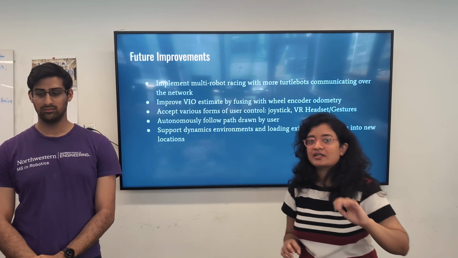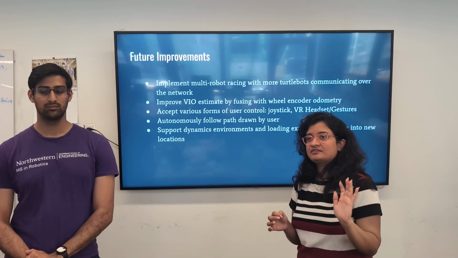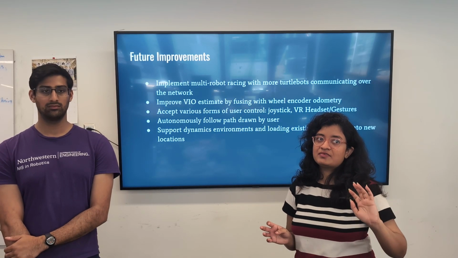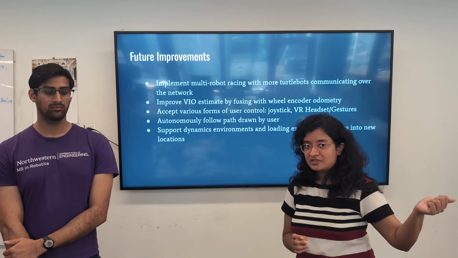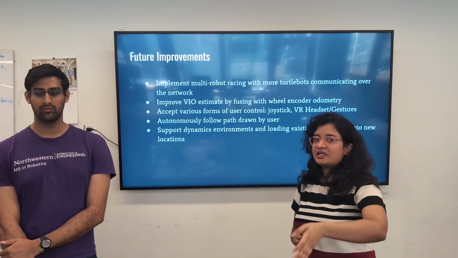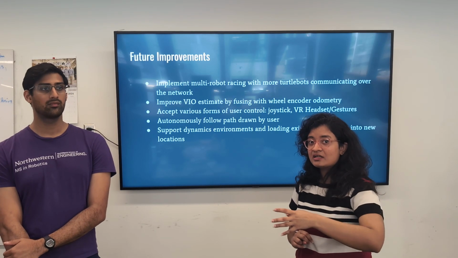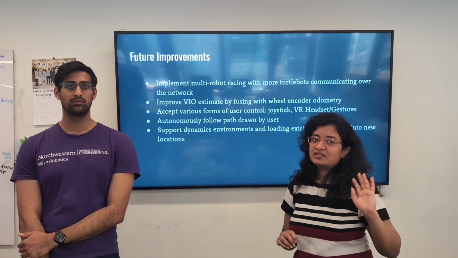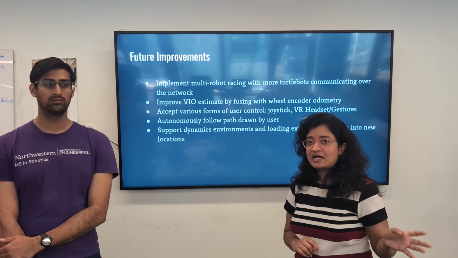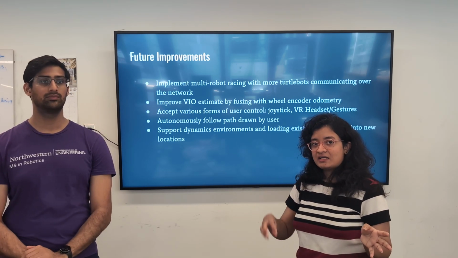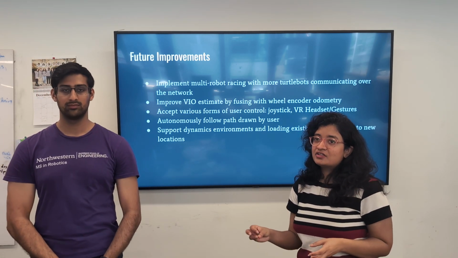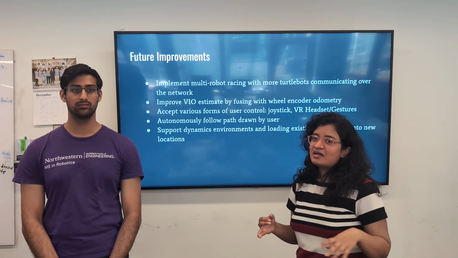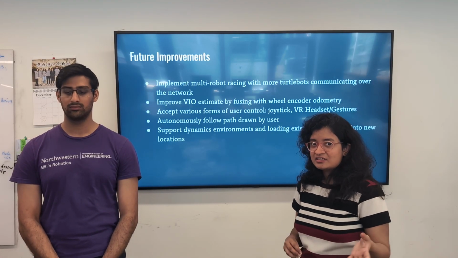The next thing we would like to do for the gaming interface is to have dynamic environments. For example, if we have the path on the table that you saw, and then go to a playground and have the same path being followed. For that, we just need to store the relative poses in a way that the world frame can be dynamic, and that would not be a very difficult task per se, but that would enhance the gaming experience.